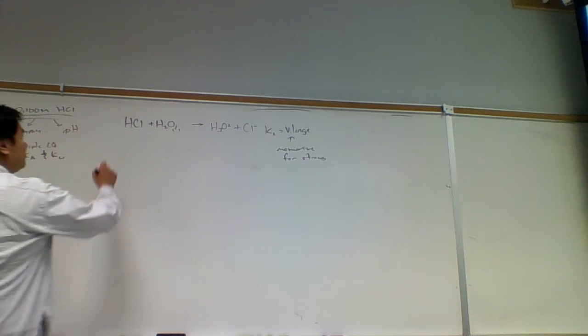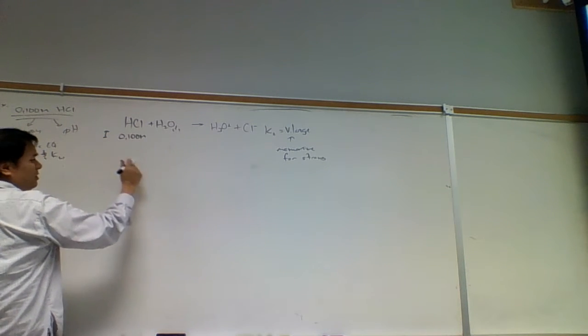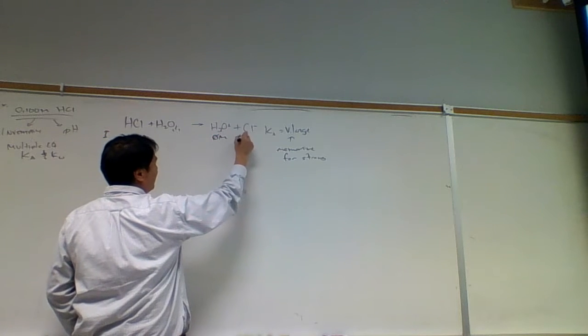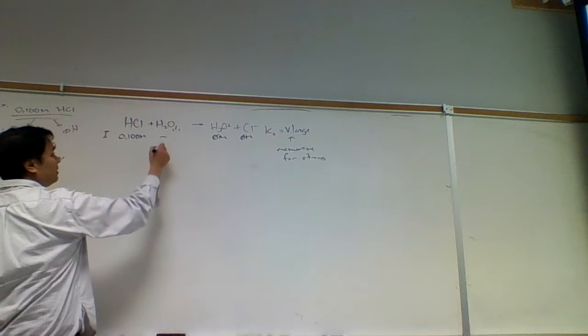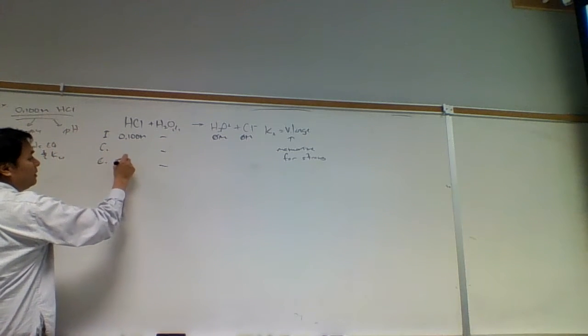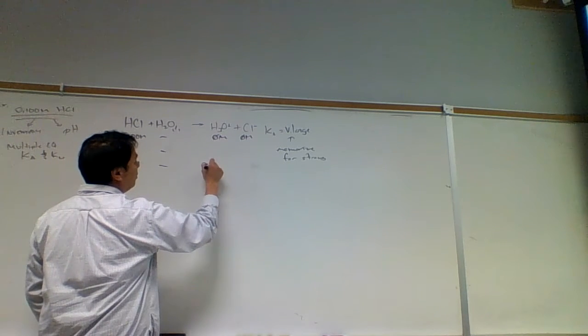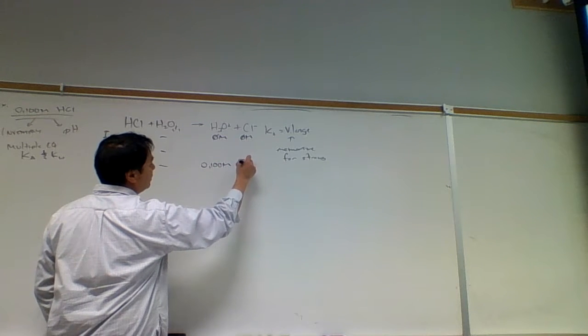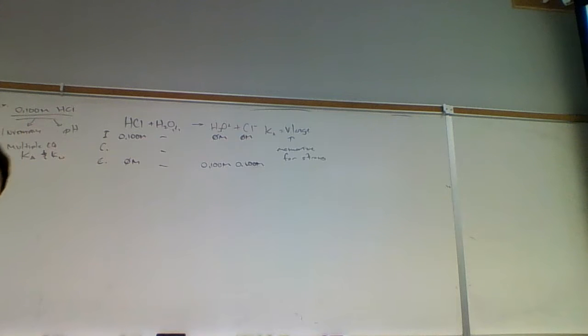If we assume complete reaction, then initially we might start off with 0.100 molar of the molecules. None of them have ionized, or hydrolyzed, yet. Water is a pure liquid, so we'll omit it. If we have complete reaction, we're left with no molecules and all ions. So it's completely ionized or hydrolyzed, as we'd expect, since strong electrolytes should hydrolyze or ionize completely. This is what we call step one.